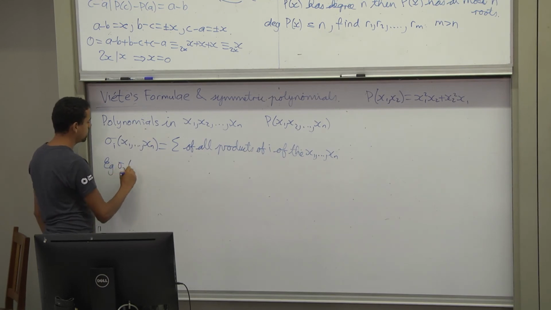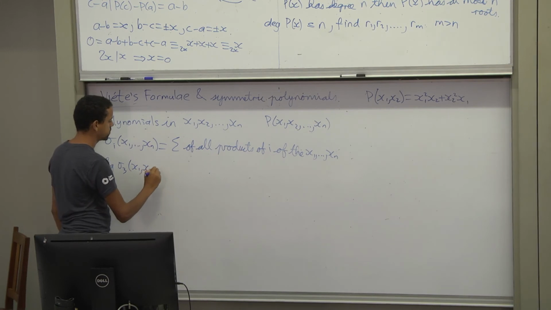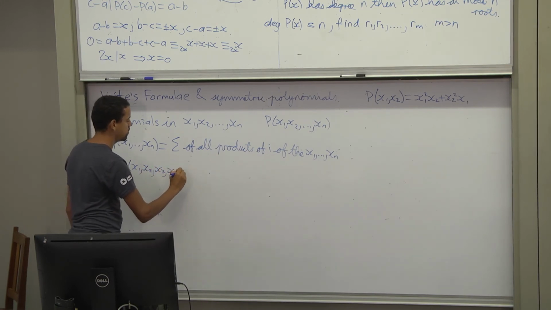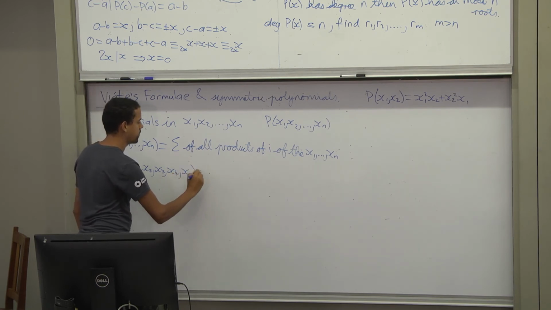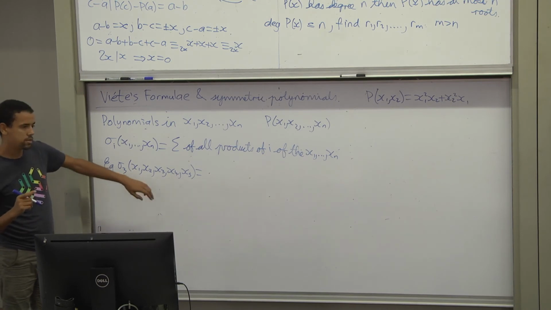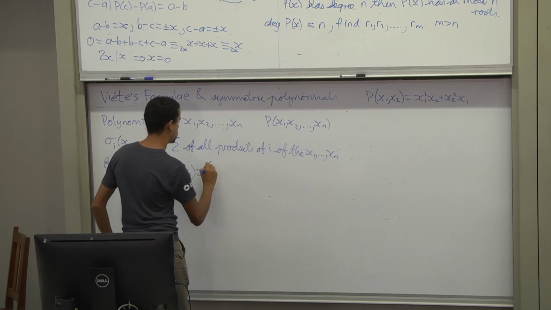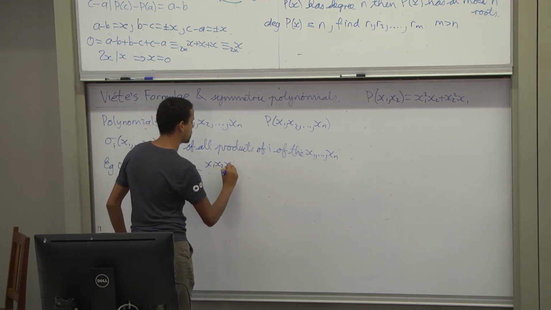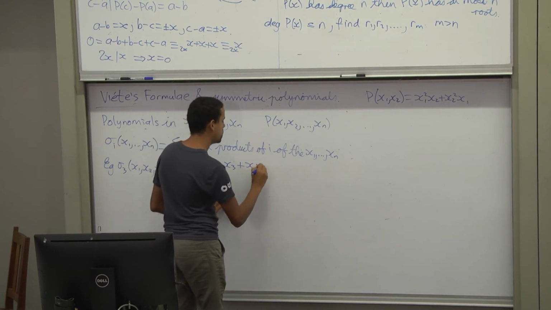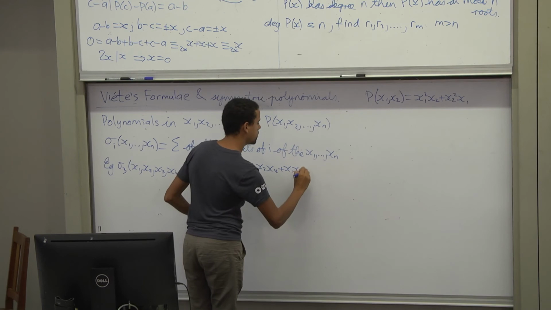sigma 3 of, let's say I have 4 variables, or should I do 5? Let's do 5. One possible way of having 3 of them together is x1 times x2 times x3. And I can just keep on writing more: x1 x2 x4, x1 x2 x5.